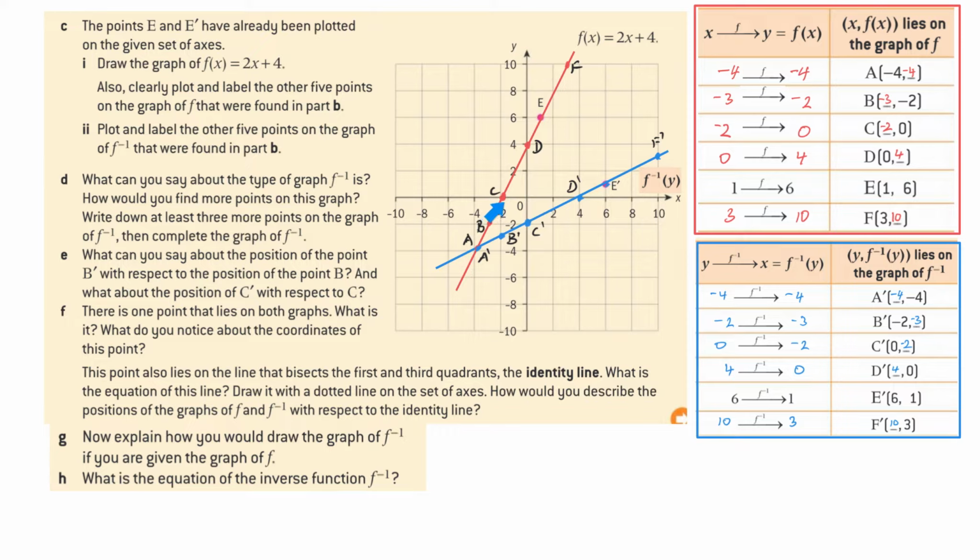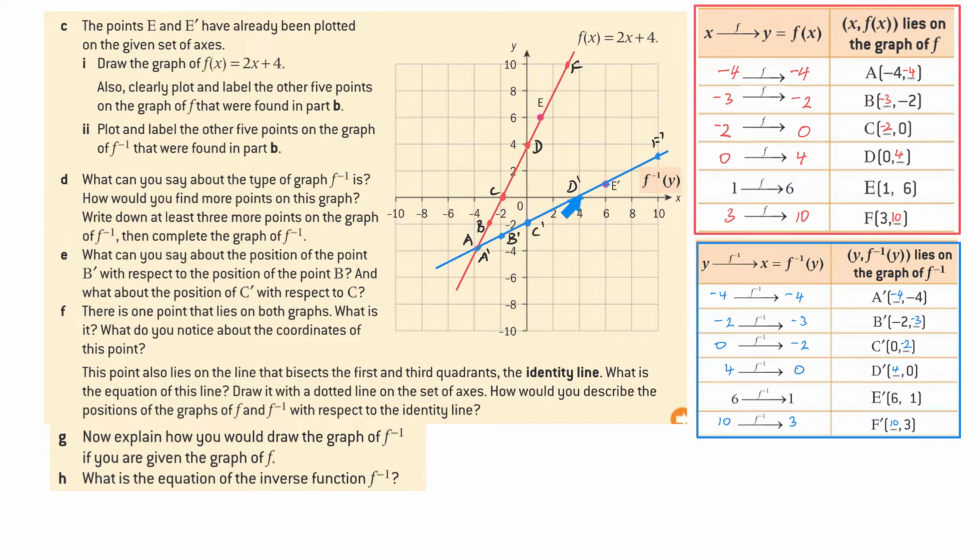So what else do we notice? For example, C and C dash, they're both at the corners of that box. So if you join the line between C and C dash, it would be 45 degrees to the x-axis and 45 degrees to the y-axis. And the same here.